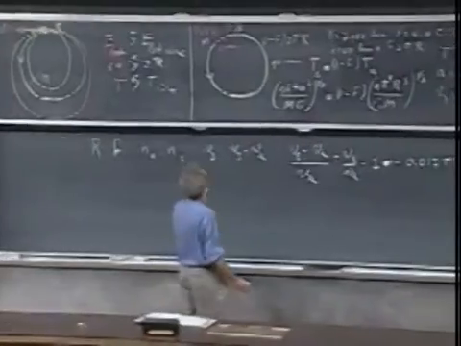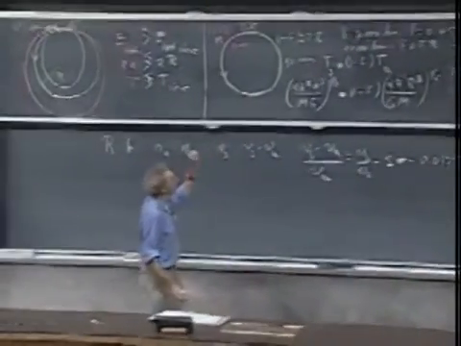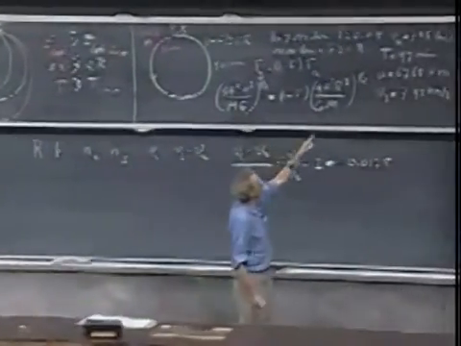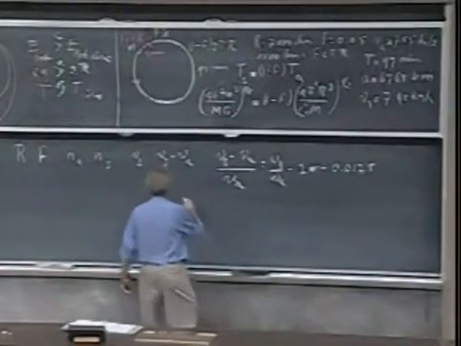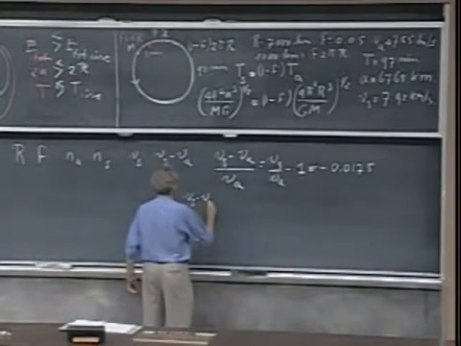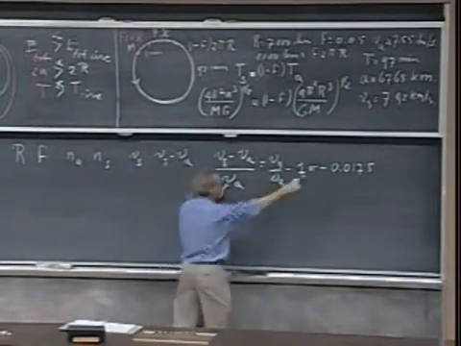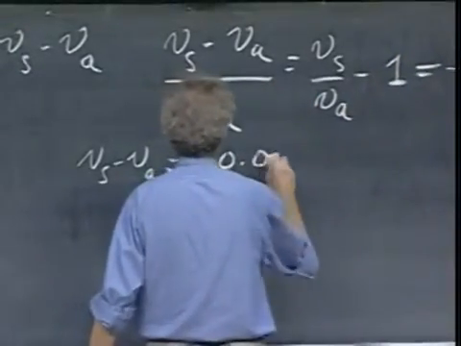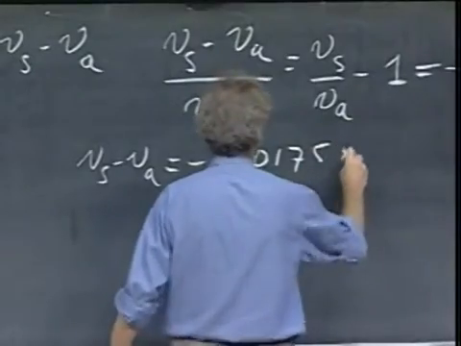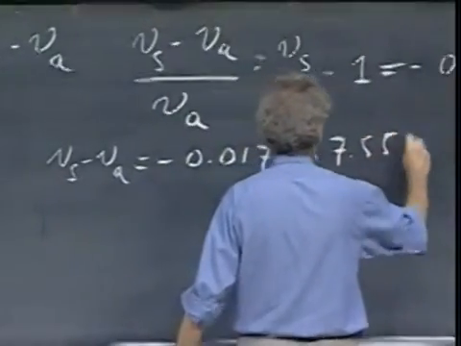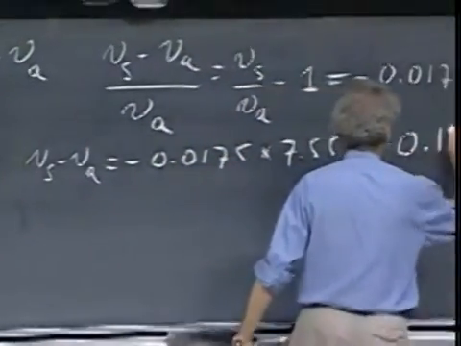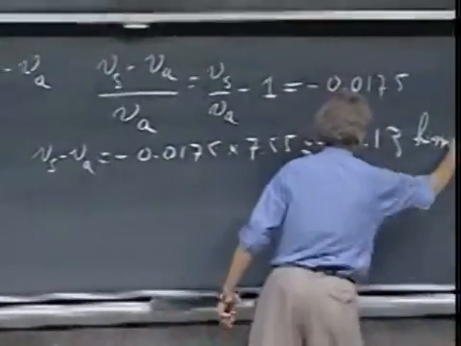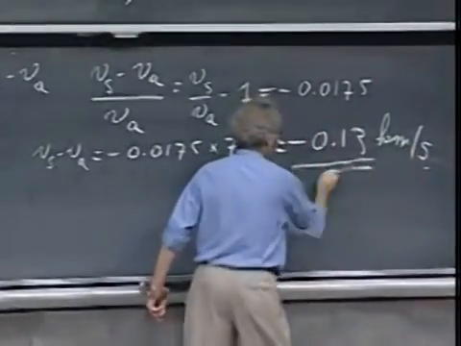If now we take our orbit for 7,000 kilometers, we know what Va is, and so we can calculate now that Vs minus Va is Va times that number, but we know what Va is, 7.55. So you get minus 0.0175 times 7.55 kilometers per second, and lo and behold, that is our minus 0.13 kilometers per second.